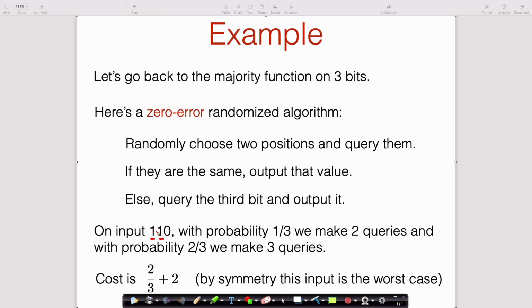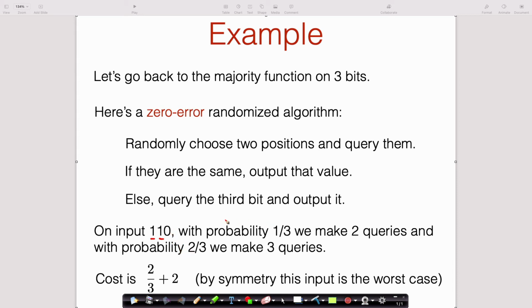We know that a majority of the input bits are set to 1, so we can just output 1. So with probability 1/3, we just have to make two queries. In the other cases, with probability 2/3, we're going to see a 1 and a 0. In that case, we don't have enough information to determine whether a majority of the bits are 1, so we have to make a third query.